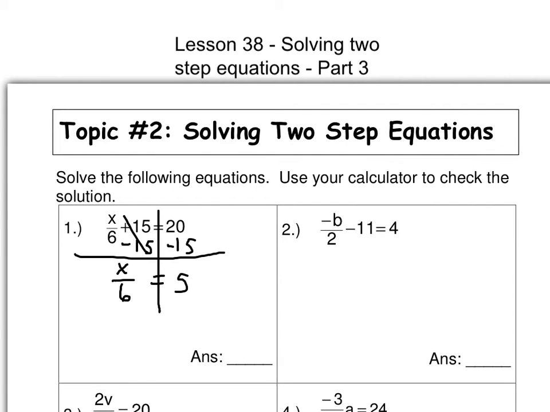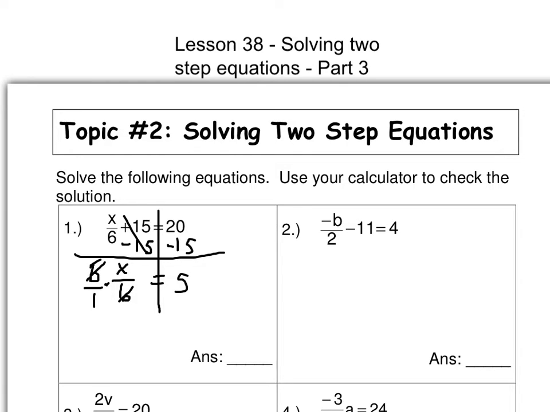Now this is division. In order to undo division, you have to multiply. Whatever you're dividing by, we're going to now multiply. So if I divide by 6, the opposite of dividing by 6 is to multiply by 6. So I'm going to multiply by 6 on the left, and I need to put it over 1 since it's a fraction. So when I do that, the 6 cancels out.